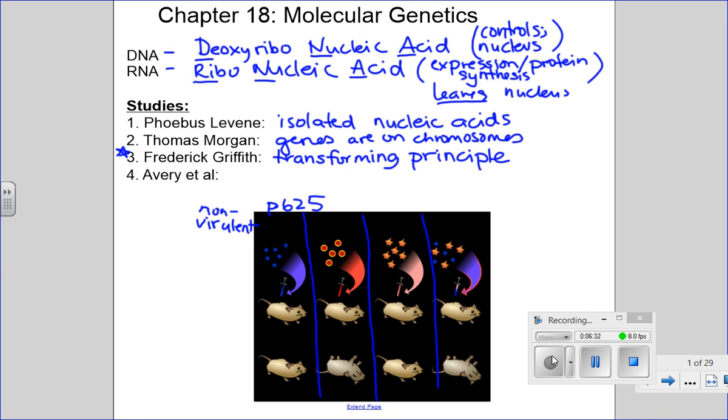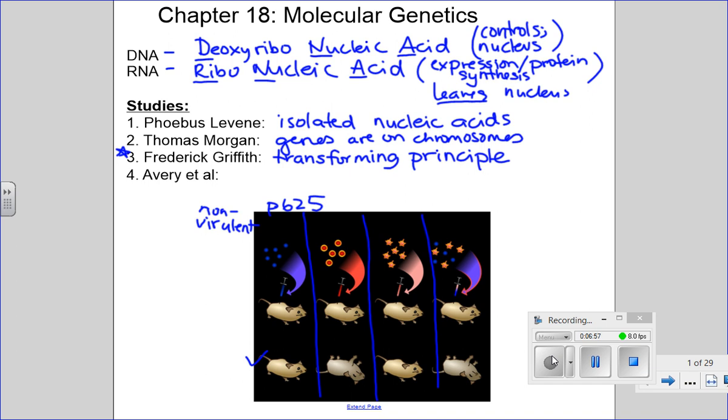So he is studying how viruses can affect the basically life or death of these mice. And in the first part, he injected non-virulent stuff. That means it doesn't have the viral properties. It's not going to kill. So he would expect, if he does that, like it shows in the picture, the mouse lives at the end. Nothing bad happens to the mouse.